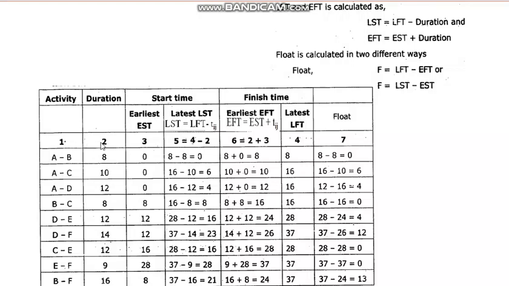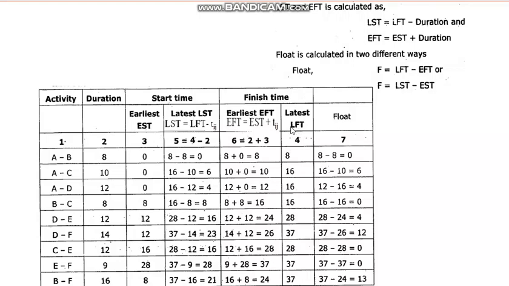This is the first column, this is the second column, which has duration. First column is activity, second column is duration, third column is the earliest start time, EST, and the fourth column is the latest finish time.